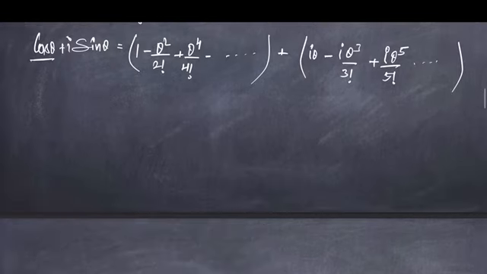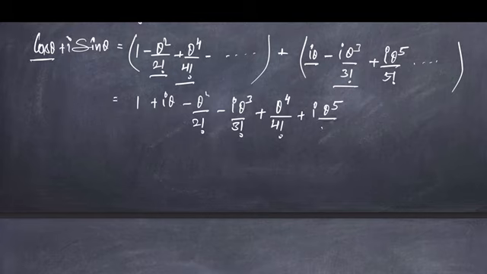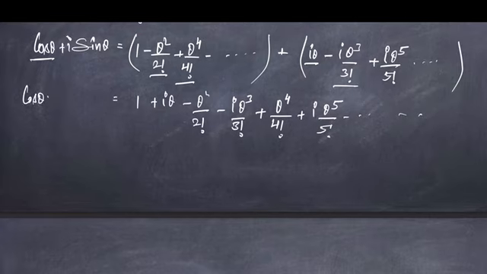So we will get 1 plus iota theta minus theta square upon 2 factorial minus iota theta cube upon 3 factorial plus theta to the power 4 upon 4 factorial plus iota theta to the power 5 upon 5 factorial and so on. So we get the expansion of cos theta plus iota sin theta.